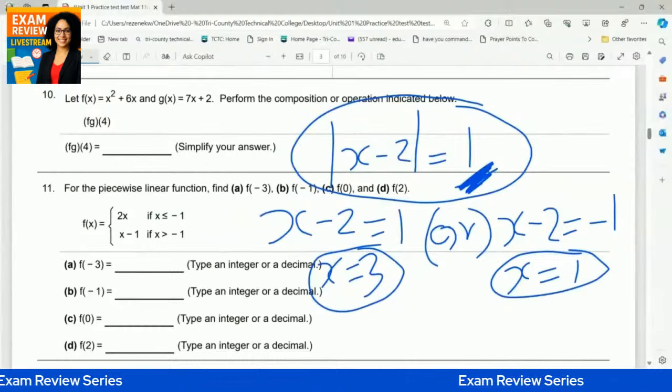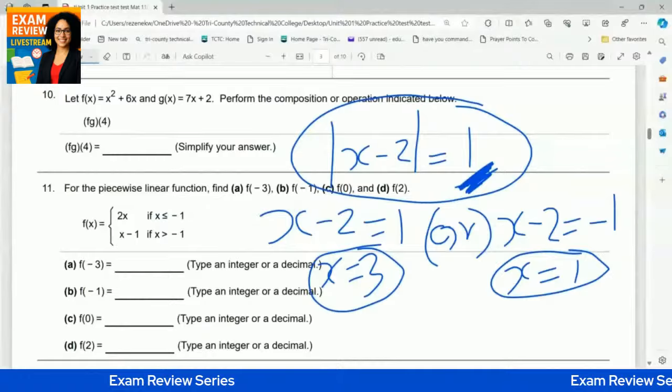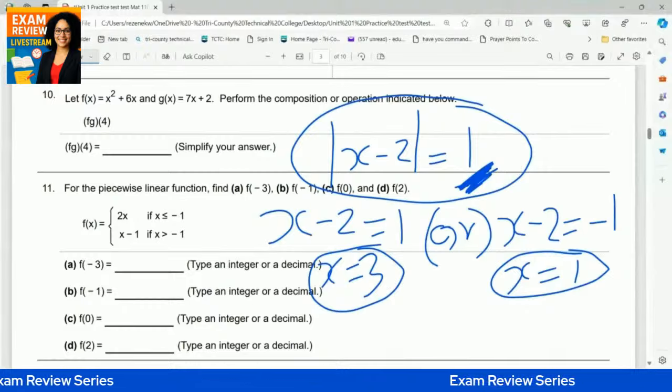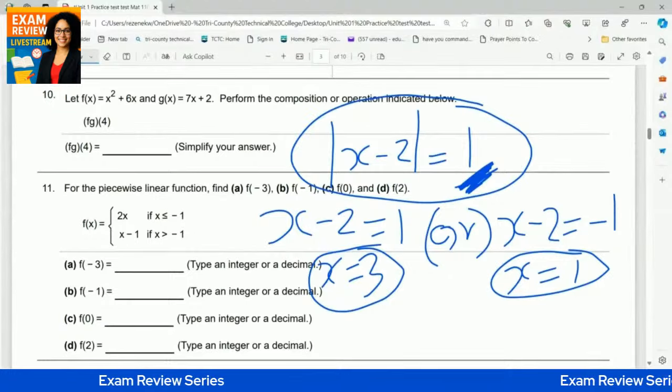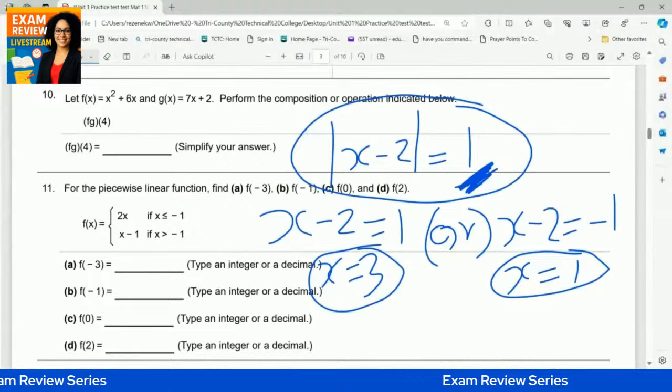Okay, you can graph it, or if the question says solve analytically, I have already said that analytically means algebraically. So if you're told to solve analytically, it means show your work. Even if you use your calculator, you are using your calculator to show your work. It doesn't mean that you just write an answer.